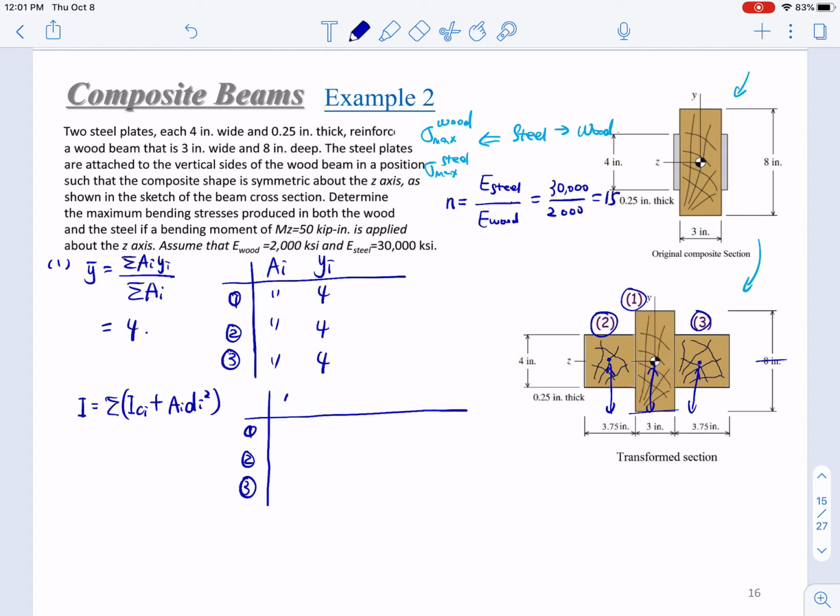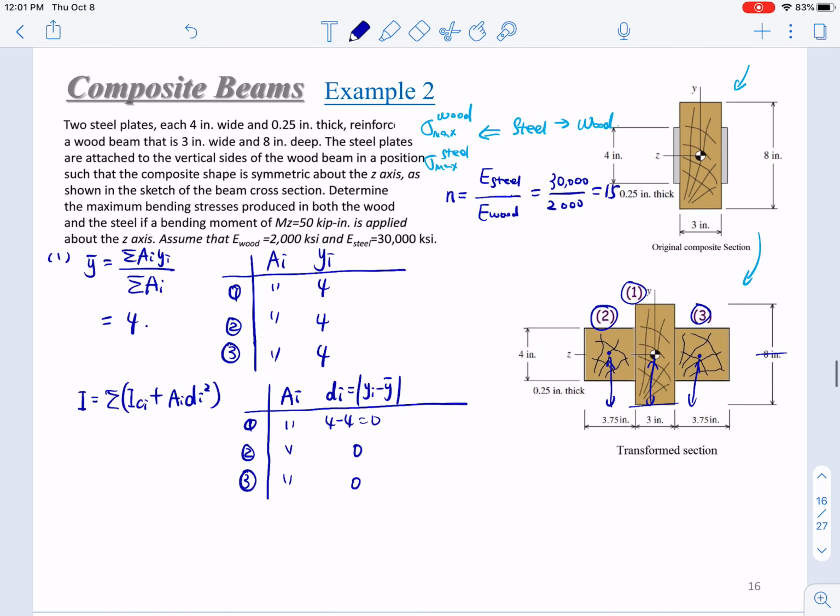Again, the Ai doesn't matter, because when you calculate di, which is Yi minus y bar, you get 4 minus 4 equals 0. All are 0. So Ai di squared will be 0. So we only need to calculate Ici equals bh cubed over 12 and add them together.